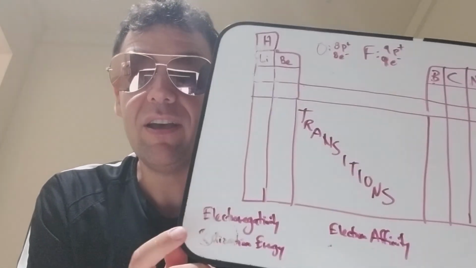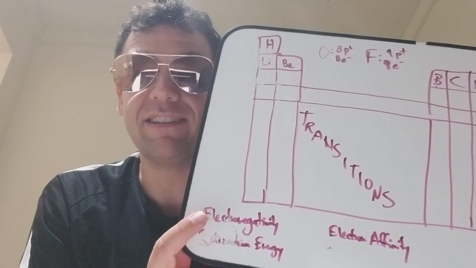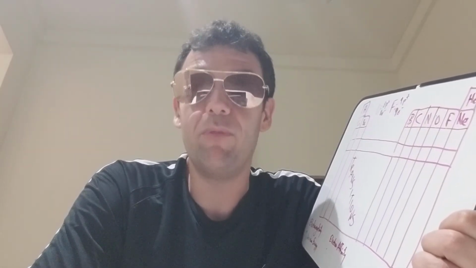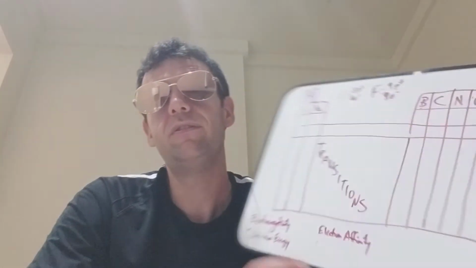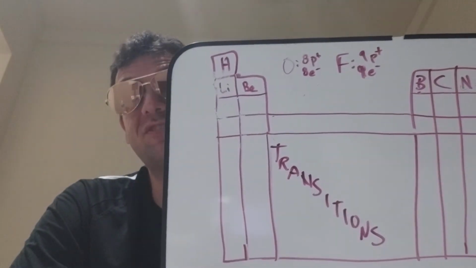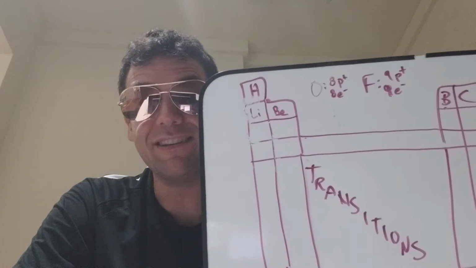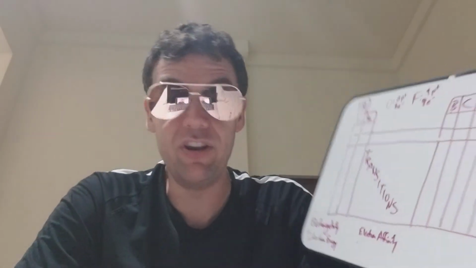Now, electronegativity. How much are electrons attracted to the atoms of other molecules? Well, it's for the same reason. If there's a lot of shielding going on, they're not going to be very attracted. And if there is not a lot of shielding going on, then they will be attracted.